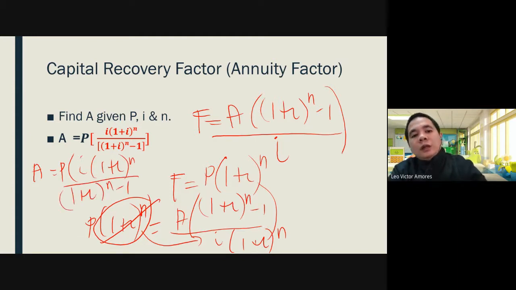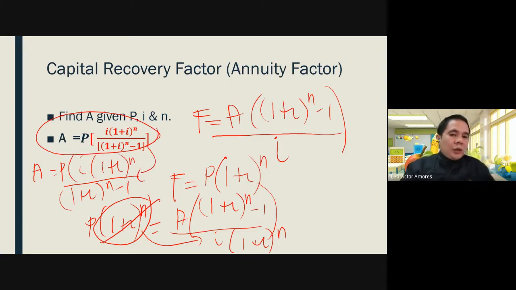So that is derived from the equation. Any question or clarification?